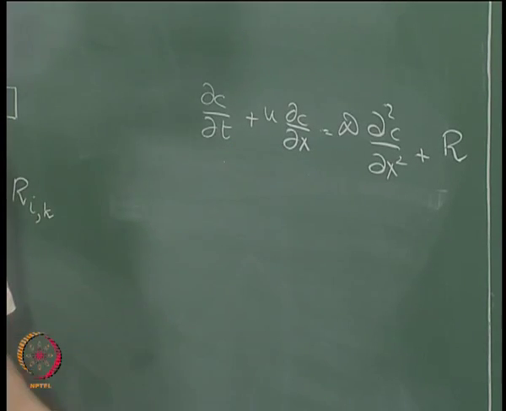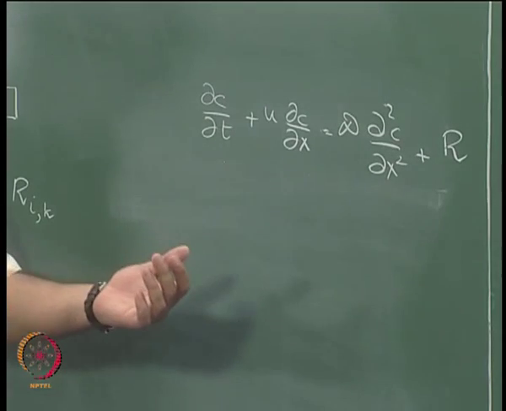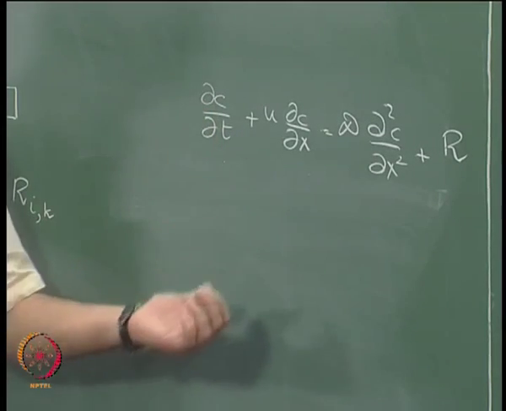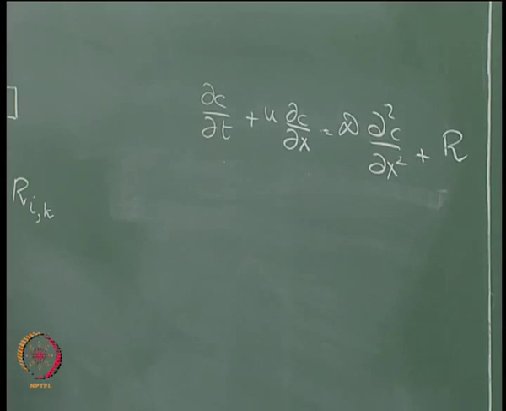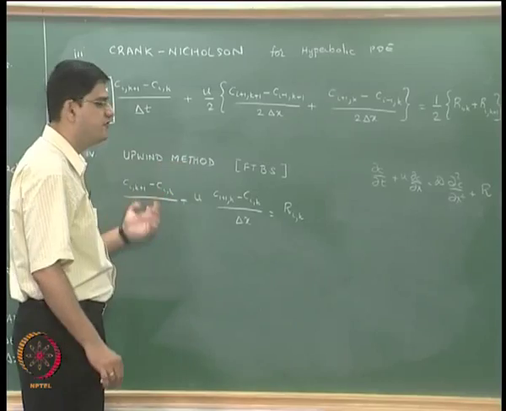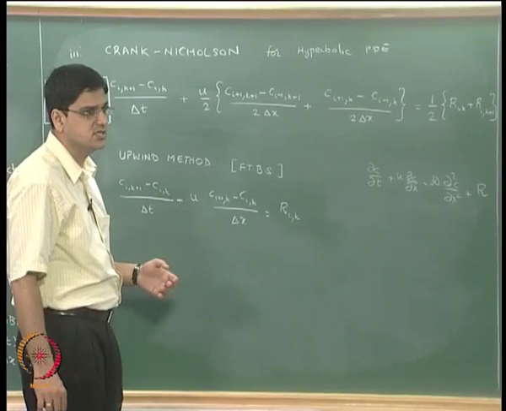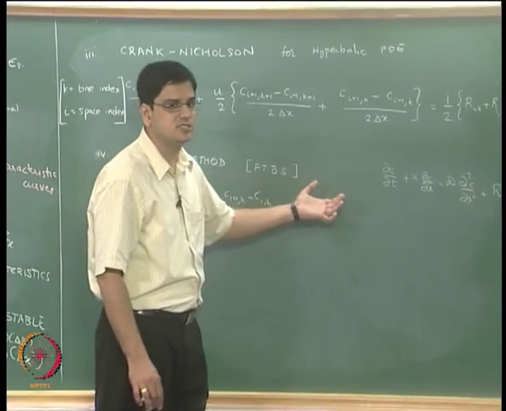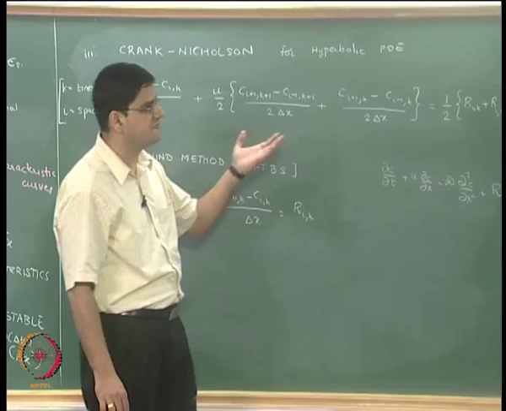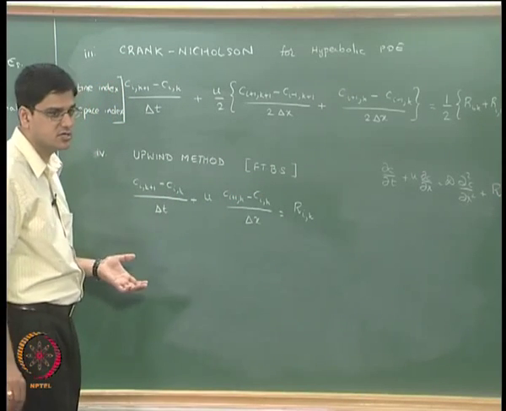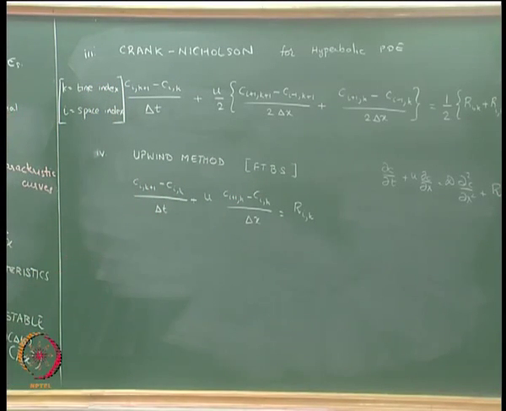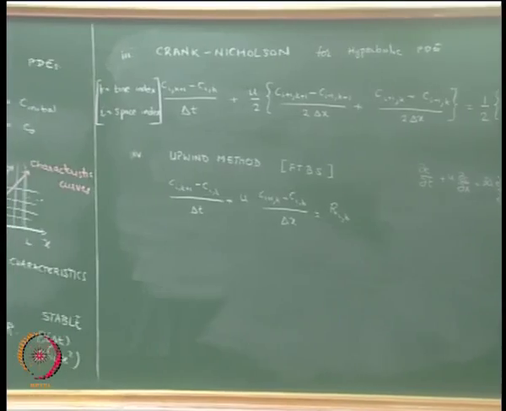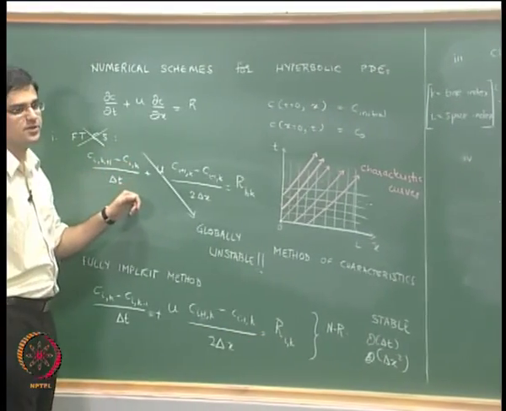Okay. The Peclet number is the ratio of the convective to the diffusive fluxes, and when the Peclet number is very large, under those conditions we will have to use an upwind method even for parabolic PDEs. But for the purely diffusive problem, an upwind method is not used. Instead we can use the forward in time and central in space method. The forward in time central in space method is not applicable for the hyperbolic PDEs.